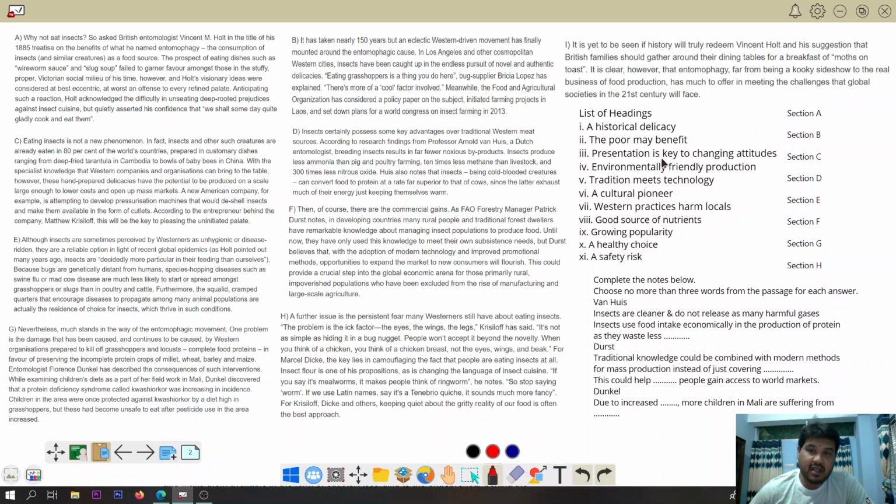Now let's start with section A, or paragraph A. Here it says, why not eat insects? So asked British entomologist Vincent M. Holt in the title of his 1885 treatise on the benefit of what he named entomophagy, the consumption of insects and similar creatures as a food source.